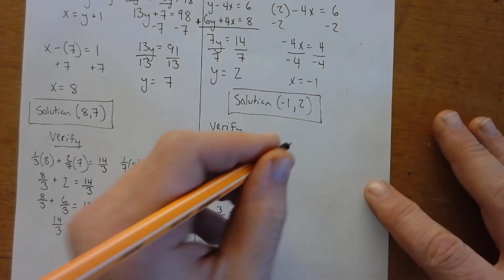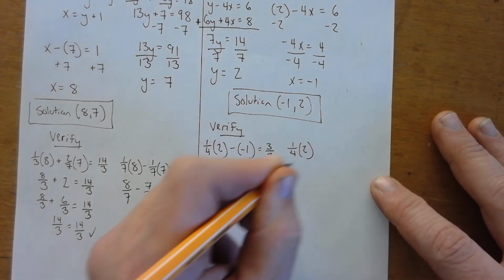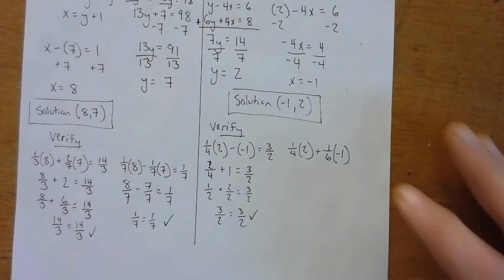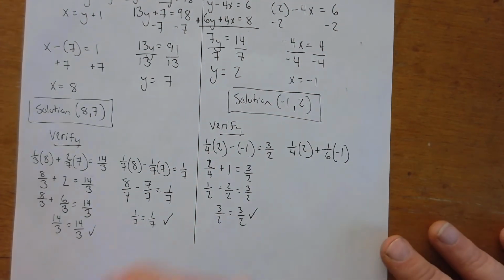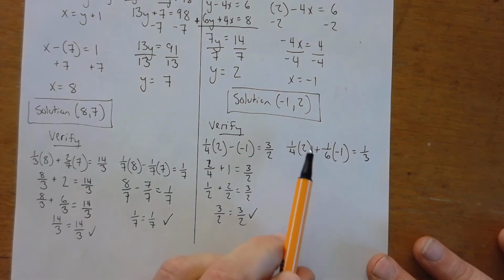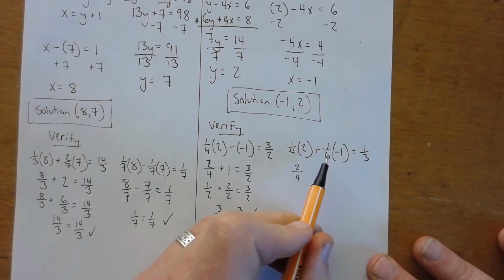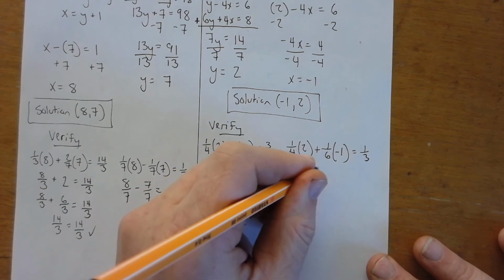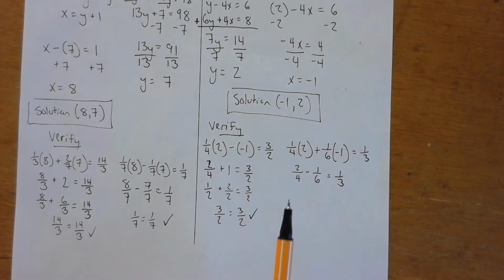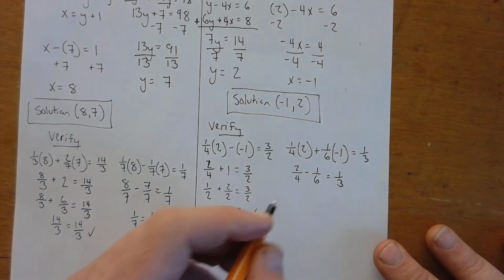And now the second original equation is 1/4 y plus 1/6 x equals 1/3. So 1/4 times 2 plus 1/6 times negative 1 equals 1/3. 1/4 times 2 is the same as 2/4. 1/6 times negative 1 is negative 1/6. Now I want to use a common denominator, which is going to be 12.